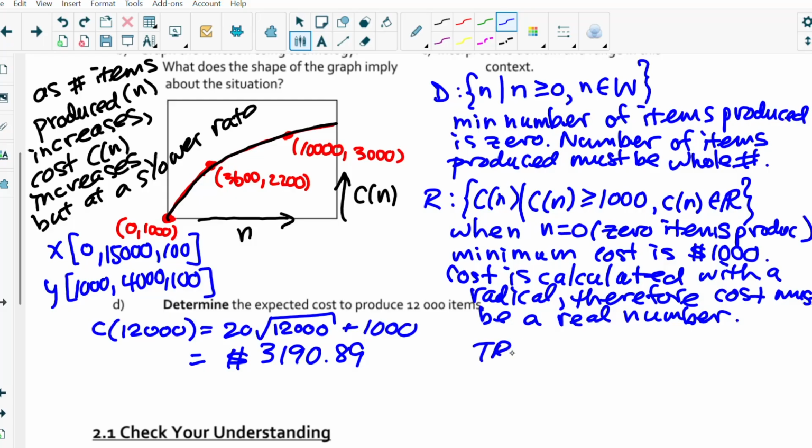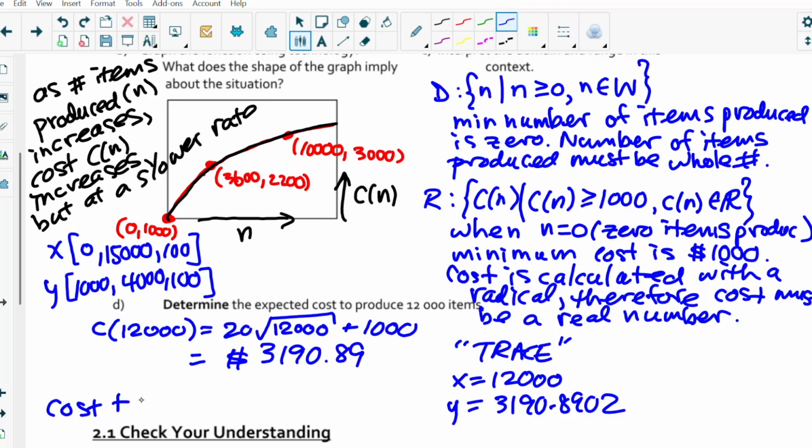Or if I trace this on my TI-84 or my Casio, for x equals 12,000 items, the y value equals 3190.8902.